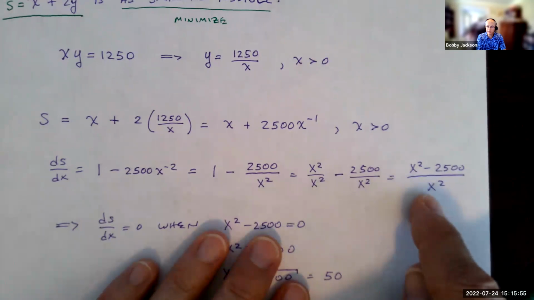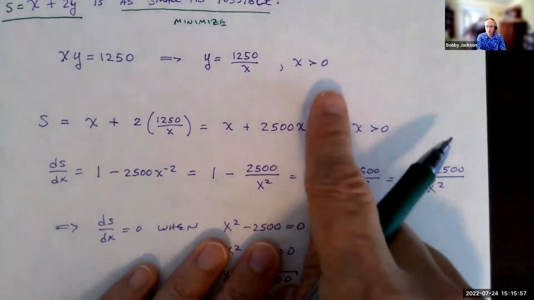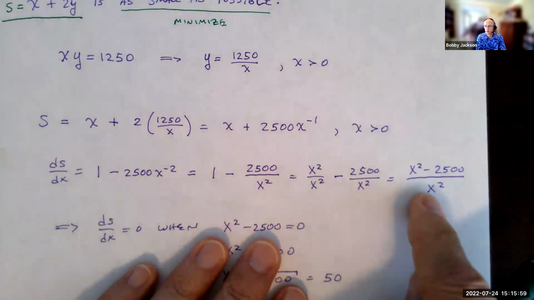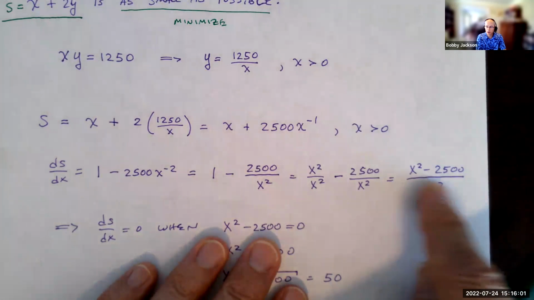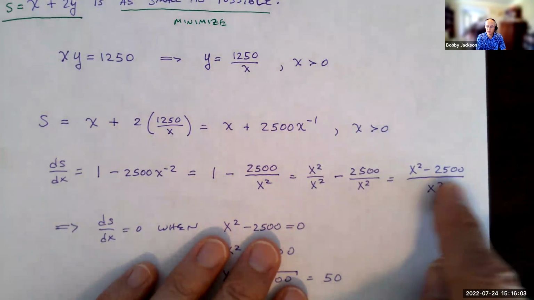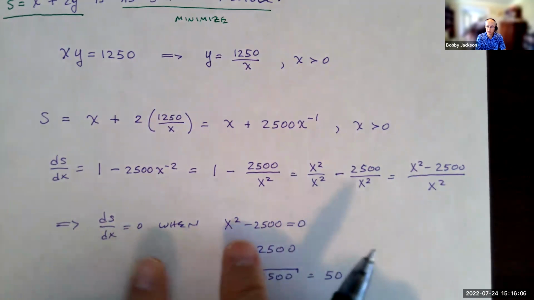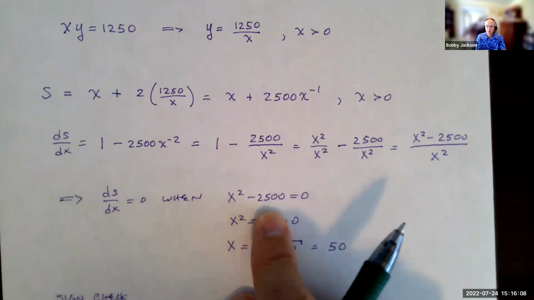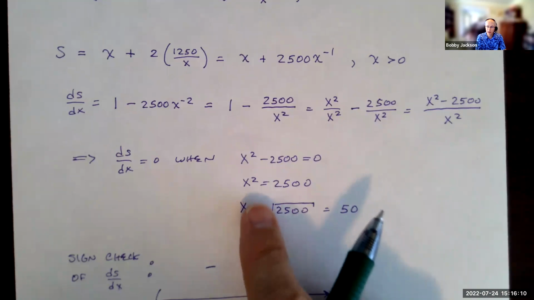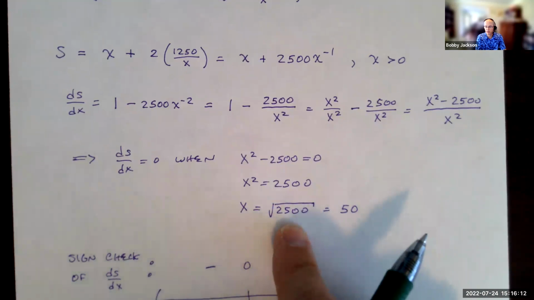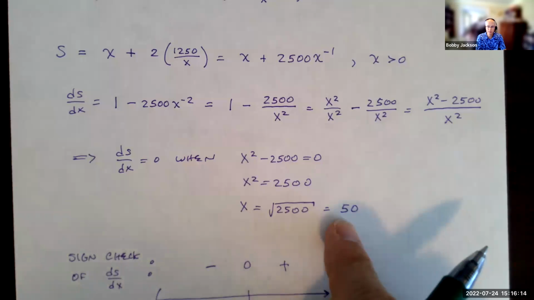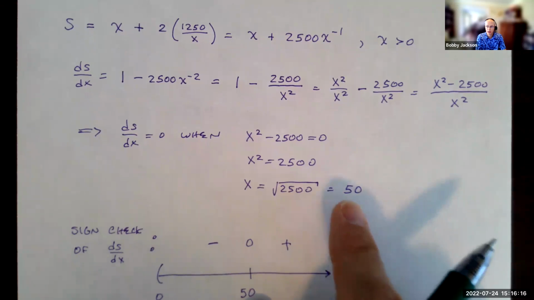So there's my derivative. It's never undefined because remember x is always greater than 0, so we're never dividing by 0. But the numerator can be 0, right? When that's 0, that will make the derivative 0. And that happens when x squared minus 2500 is 0, or when x is the square root of 2500, which is 50.